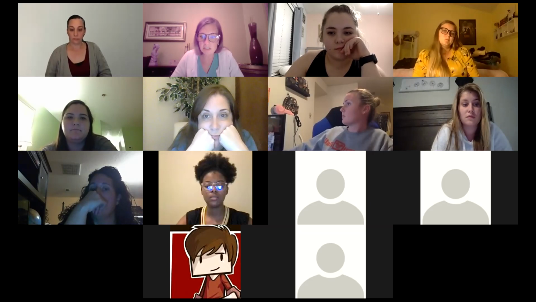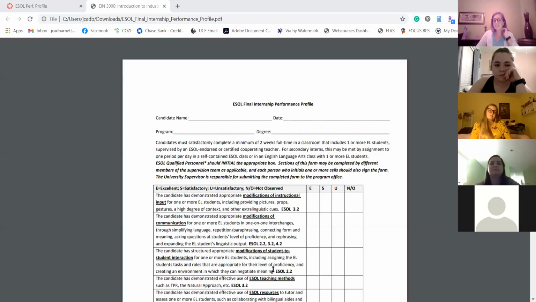Okay, I'm going to share the screen again here. This is the performance profile. This is what you need to have completed. It says, candidates must satisfactorily complete a minimum of 2 weeks full-time in a classroom that includes 1 or more EL students, supervised by an endorsed or certified cooperating teacher.